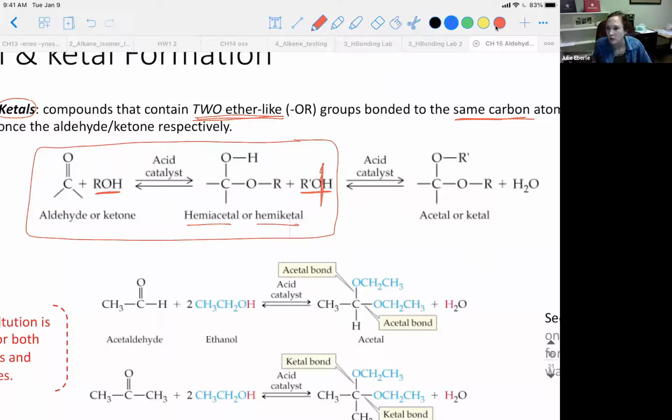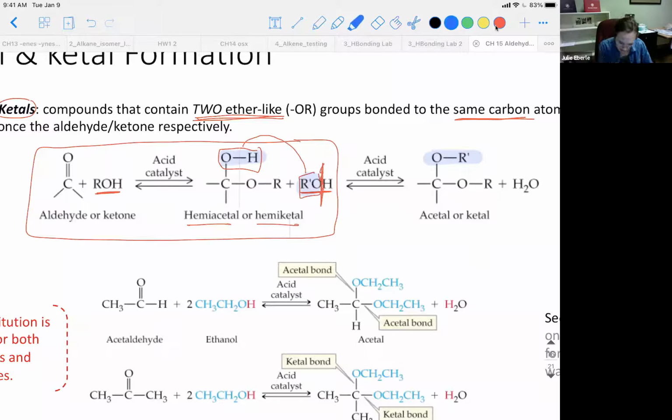We'll break that alcohol apart, and this OR group is going to replace this OH group. So this OH group right here becomes the OR group from this alcohol. Now when we're done, we no longer have the alcohol portion. We just have two ether groups bonded to the same carbon.